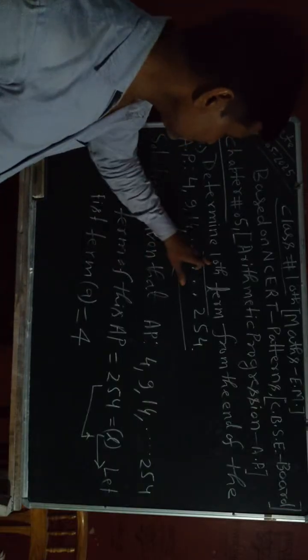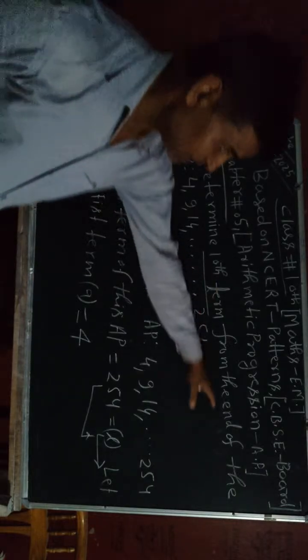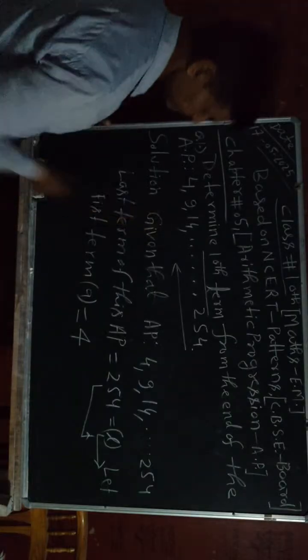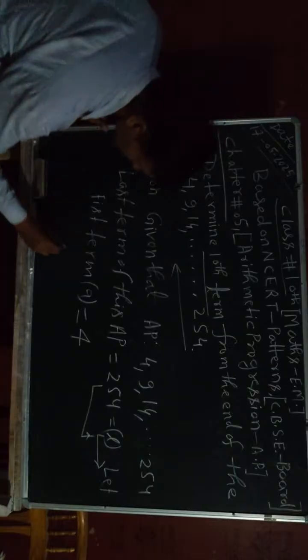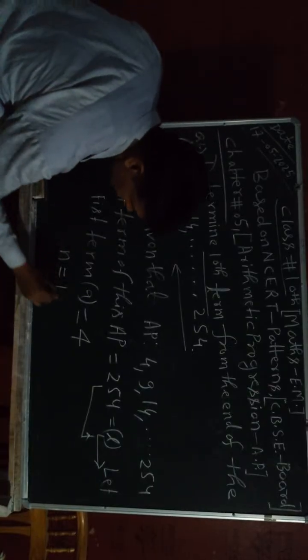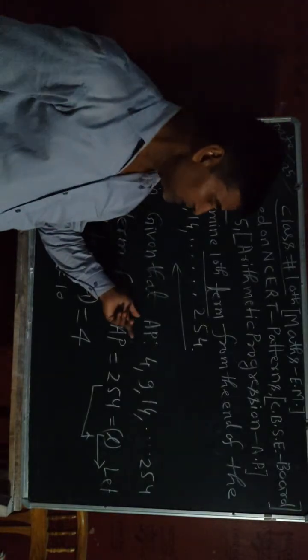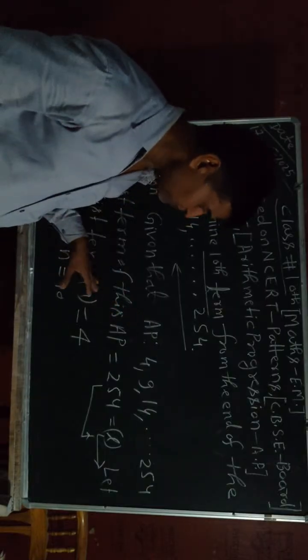Now we have to find the 10th term from the end of the AP. So I will say the value of n is equal to 10. That is given in the question.